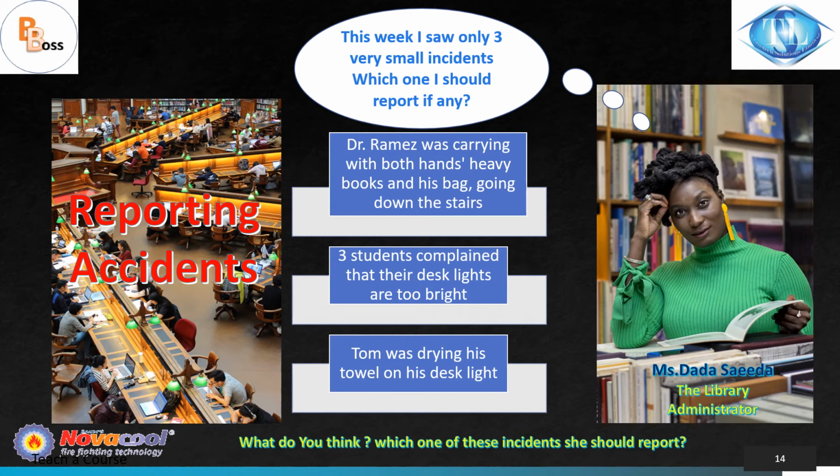He's studying architecture, and today she saw him putting his towel on the lampshade on his desk. Maybe because it is bright, as the other complaints came, or maybe he just came from the gym and he's drying it. So these three cases, what do you think?